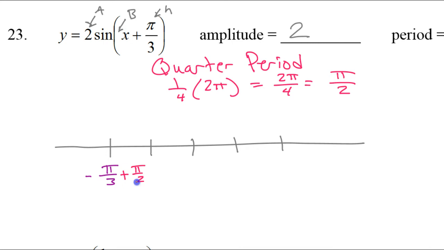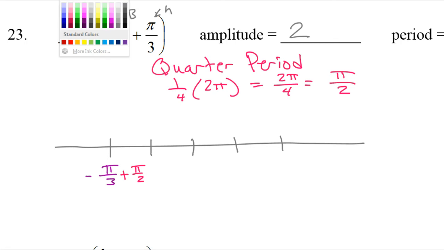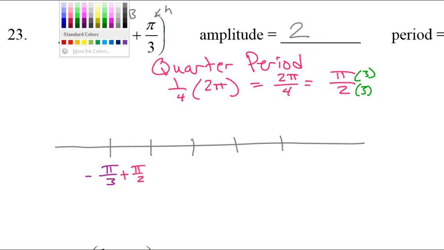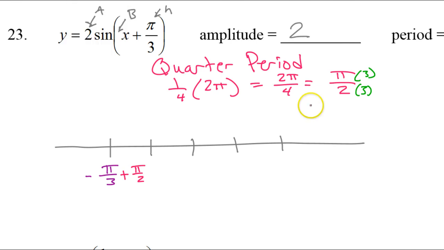Of course, if I want to add pi over 2, I need like denominators. So what I'm going to end up doing is I will turn both of these into a denominator of 6. So if I were to multiply this by 3 in the top and bottom, that's going to give me 3 pi over 6.